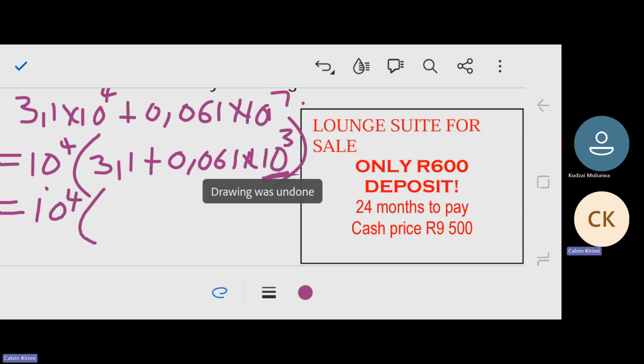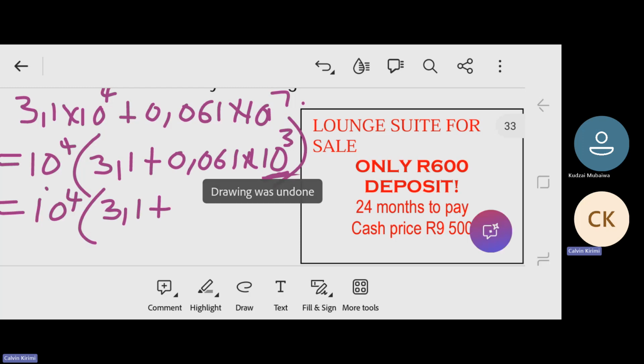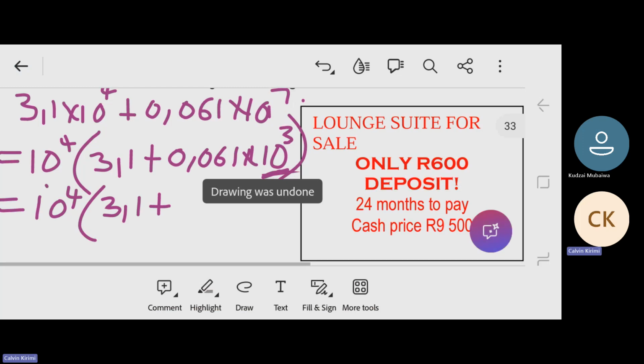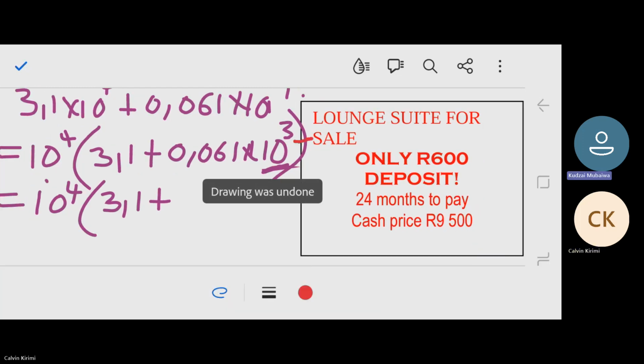Then you write your 3,1 plus what? What is that number times 10 to the power 3? You are moving the comma to the right. How many times? 10 to the power 3 means 3 times to the right. So it's 1, 2, 3.